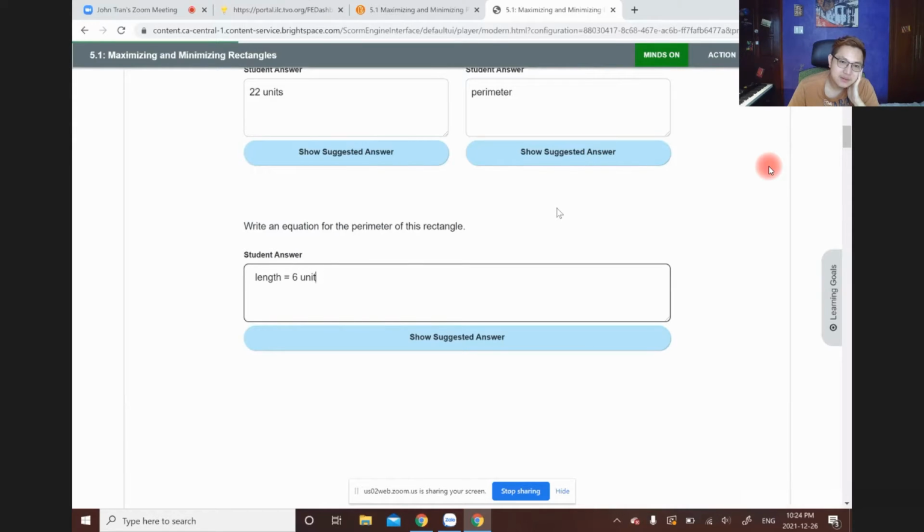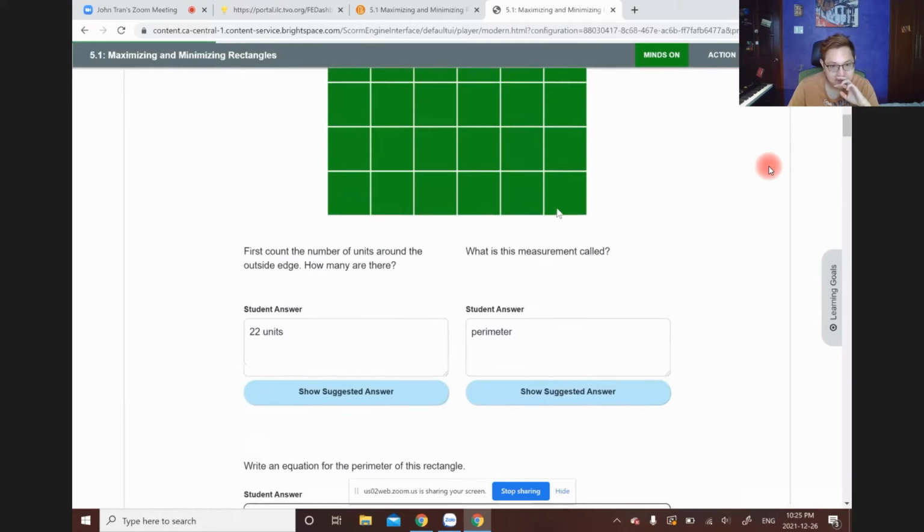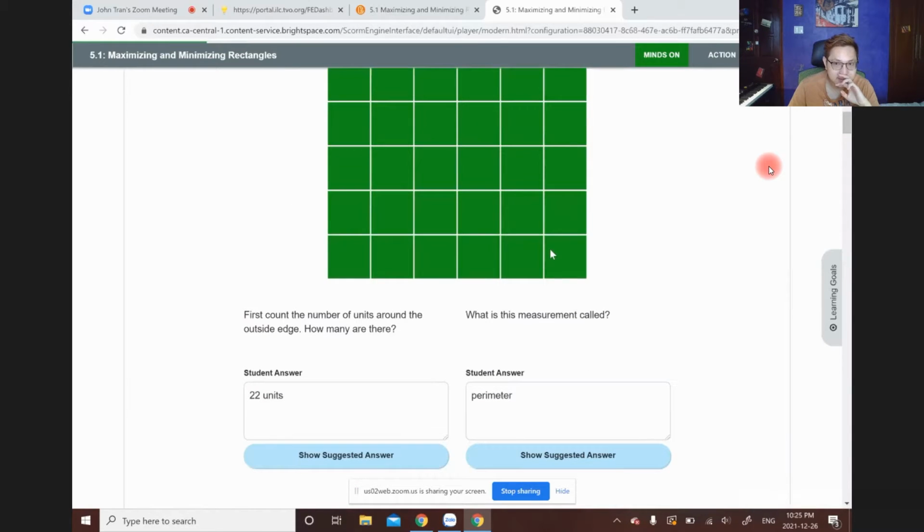Yes. And how about width? Width is 5 units, right? So basically, the perimeter is just, count it and you see.